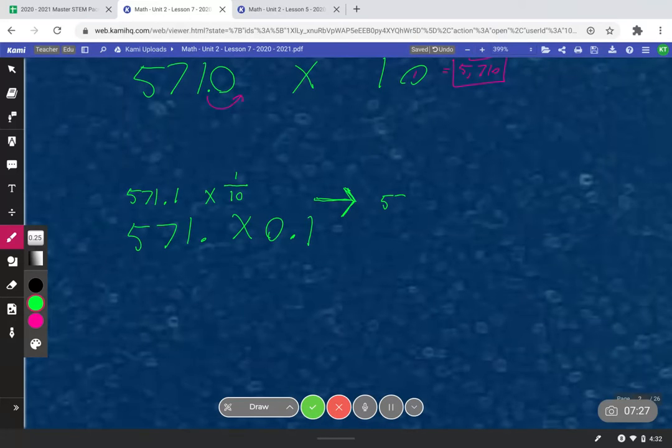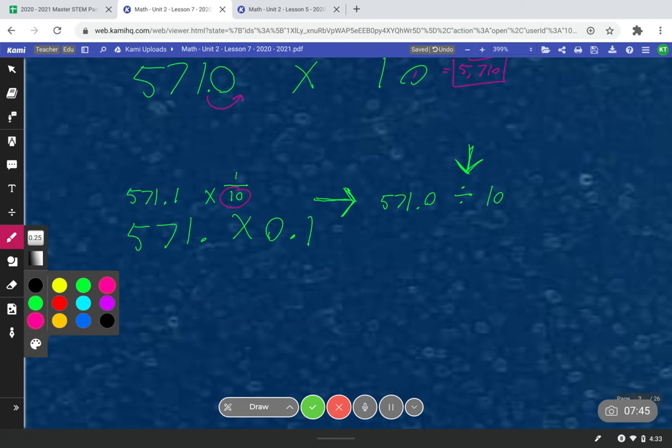So 571, if I want to make it a whole number, I'm going to change our operation to the opposite. So instead of multiplying, I'm now dividing, and it's by 10. Look at this.